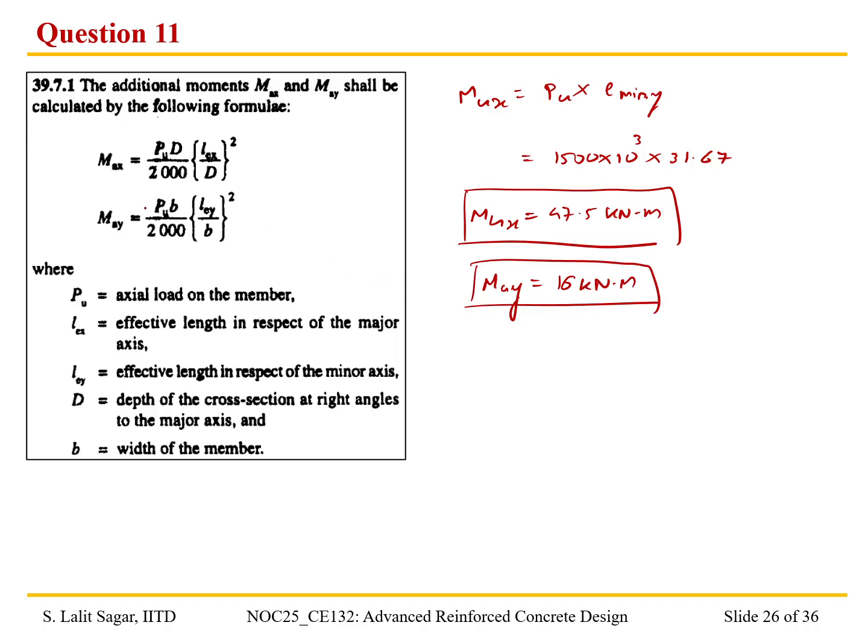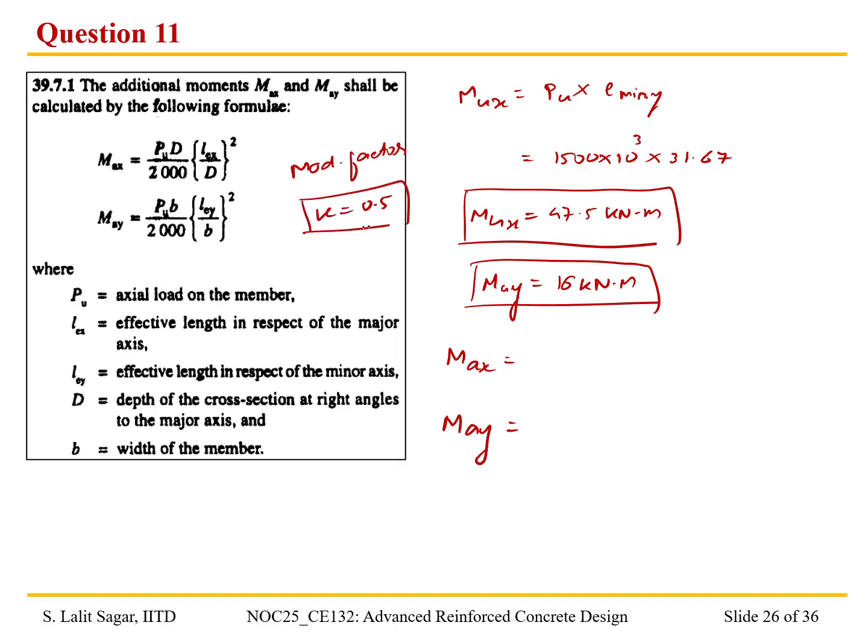Now we need to proceed to find out the value of Max and May, that is the additional moment. We'll take a modification factor K equal to 0.5.